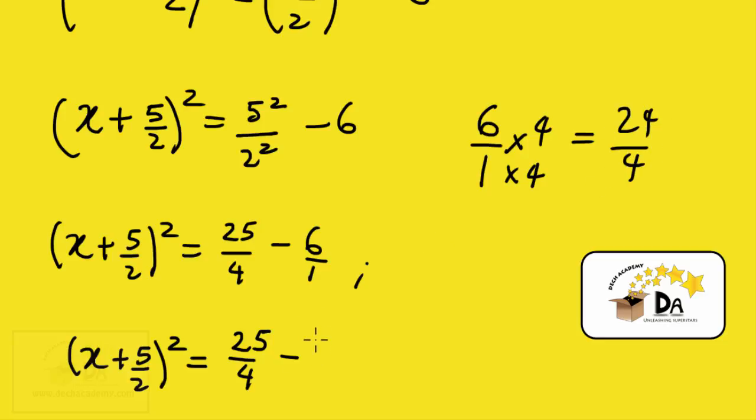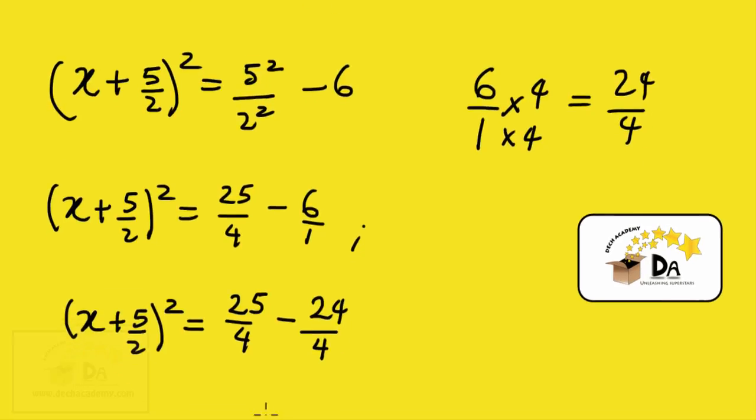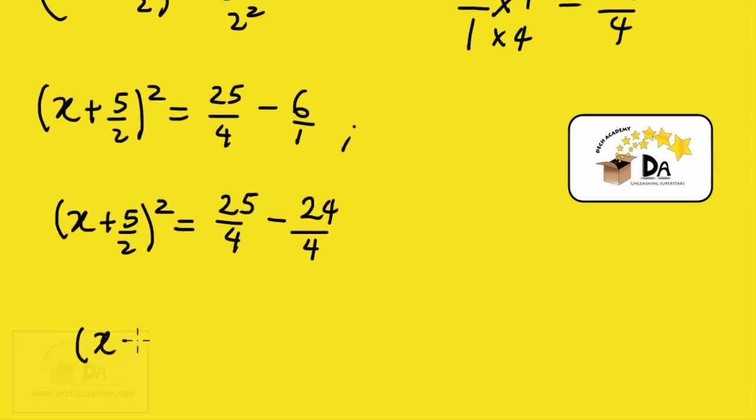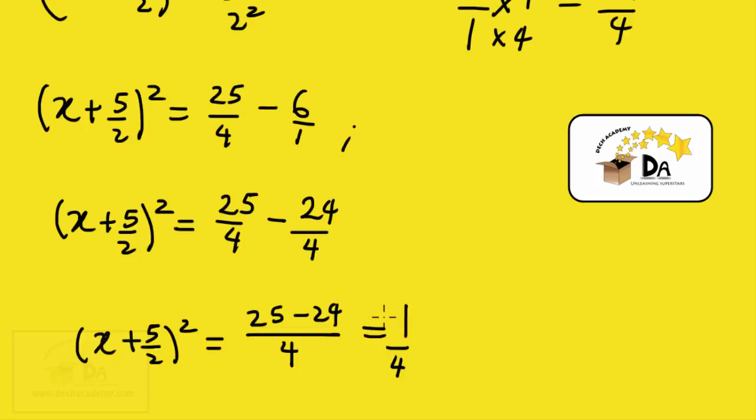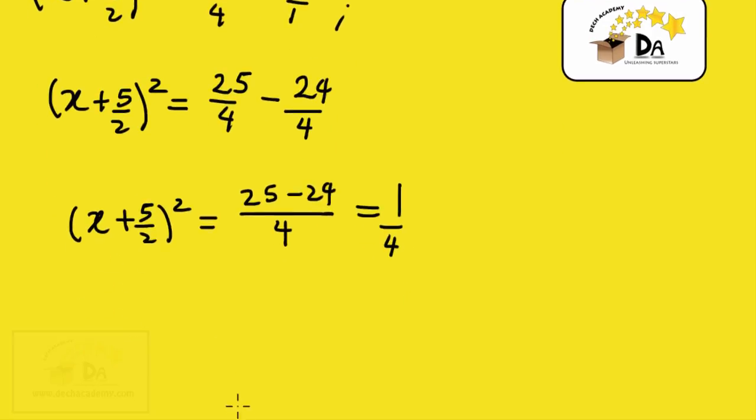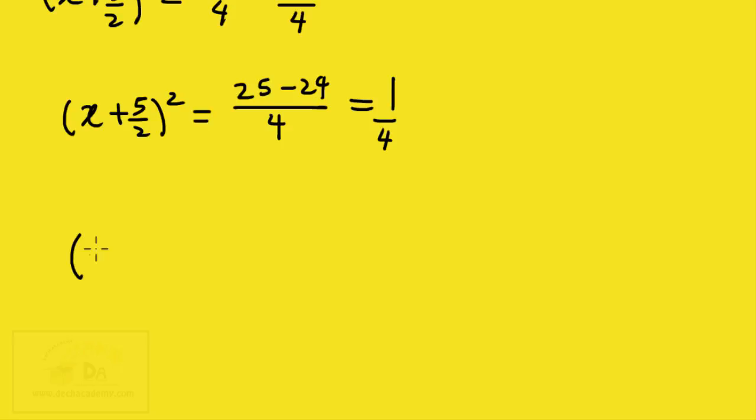So instead of 6 over 1, we have 24 over 4, and that gives x plus 5 over 2 all squared is equal to 25 minus 24 all over 4, which is 1 over 4. And we're almost done. This gives x plus 5 over 2 squared equals 1 over 4.